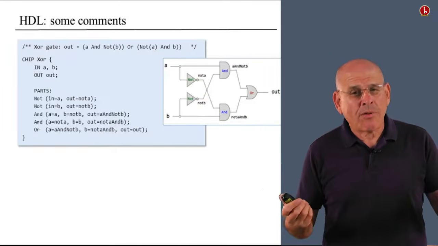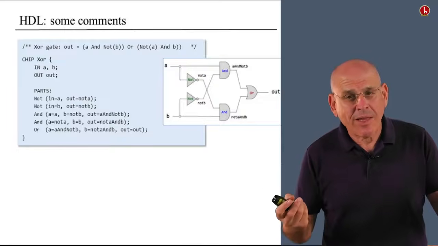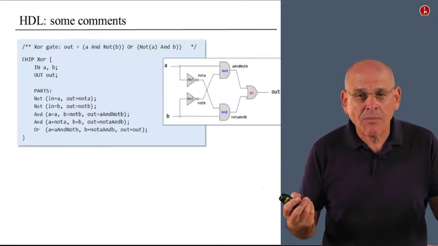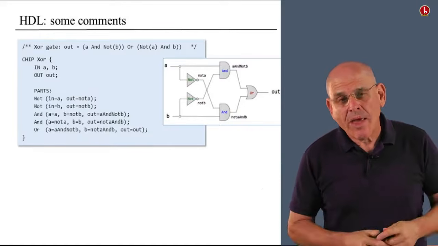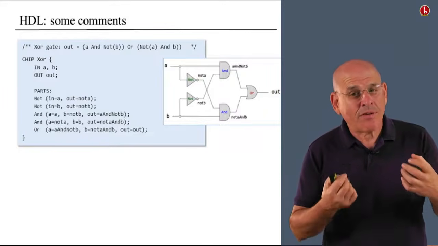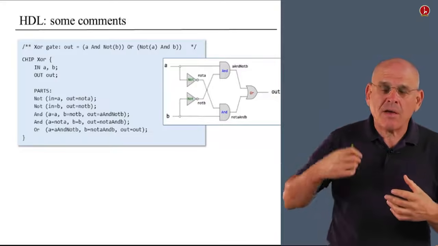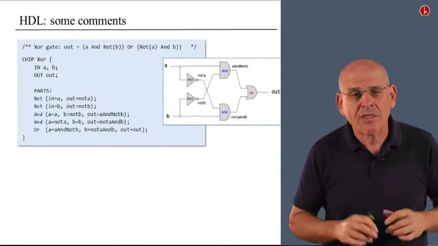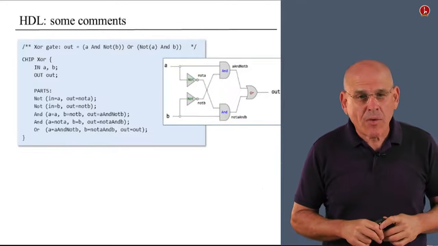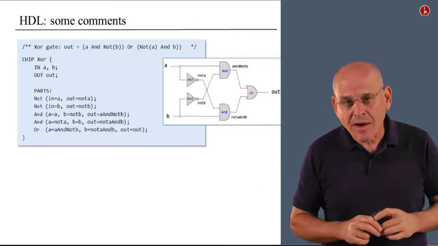We have to worry about good documentation of our HDL program, just like we do when we write a program in Java or Python. We have to come up with good descriptive names, both to the chips that we use and to the connections that we create within the architecture.